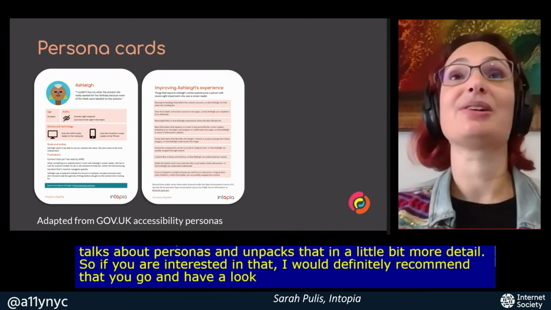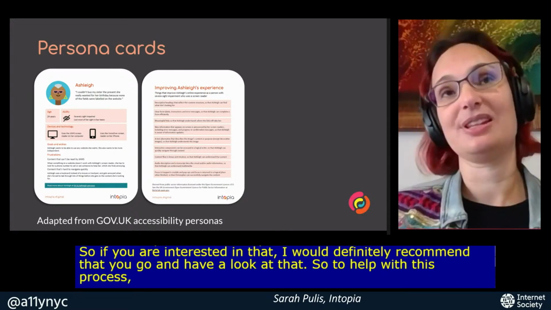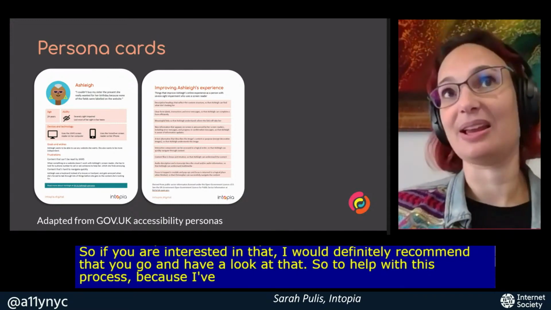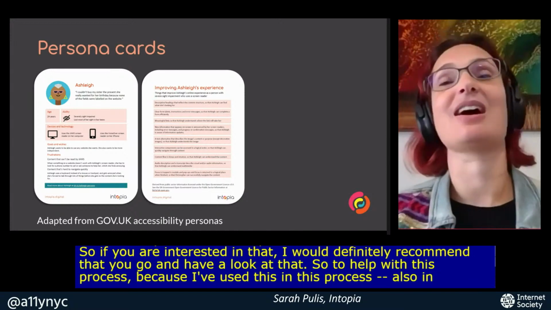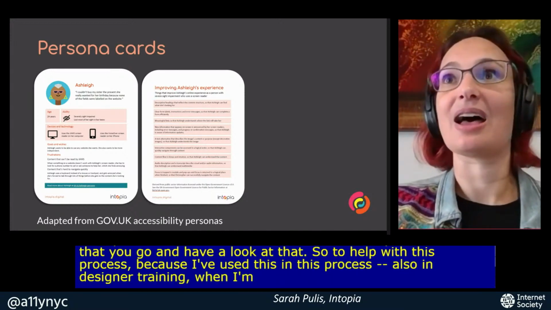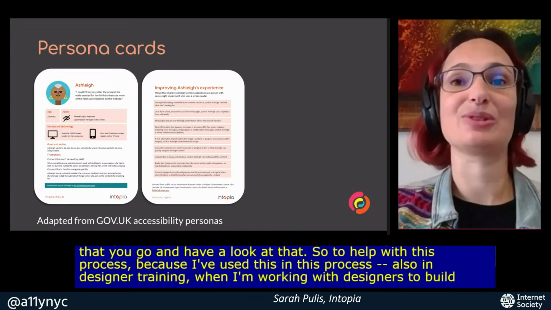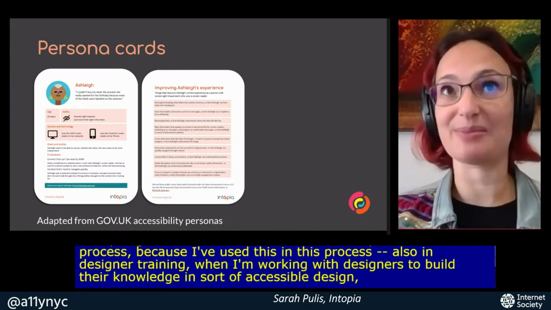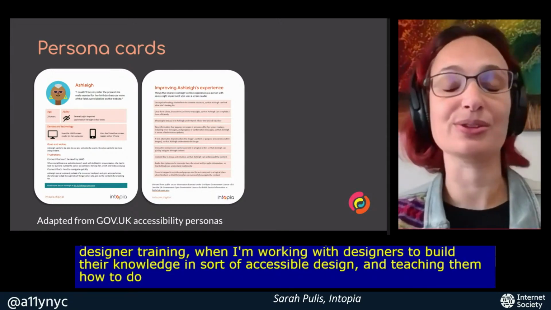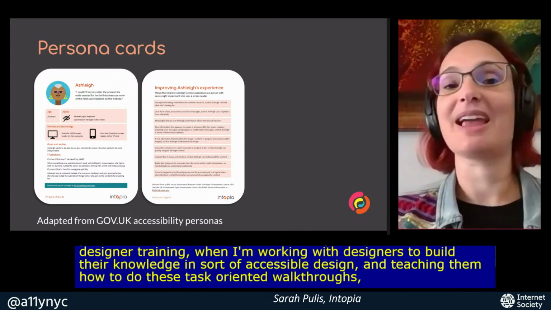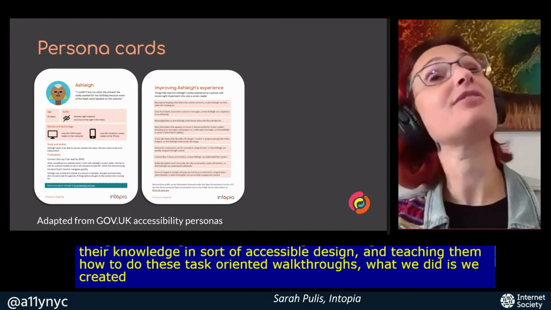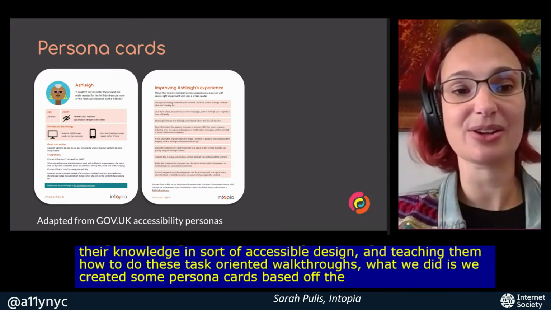To help with this process, because I've used this in designer training when I'm working with designers to build their knowledge in accessible design and teaching them how to do these task-oriented walkthroughs, we created some persona cards based off the gov.uk accessibility personas.